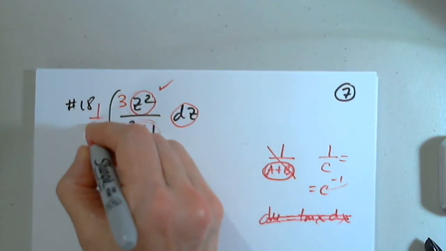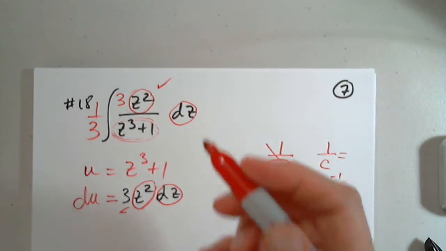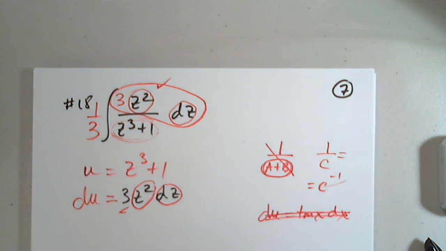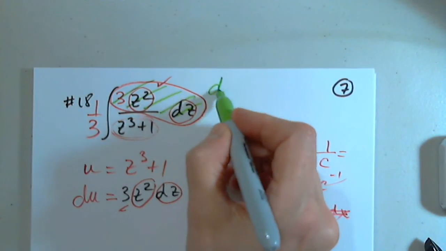Who cares? A little 3 can be made up any moment, day and night. What do I replace this piece by? You can replace it by du. That's it. This whole thing is du.